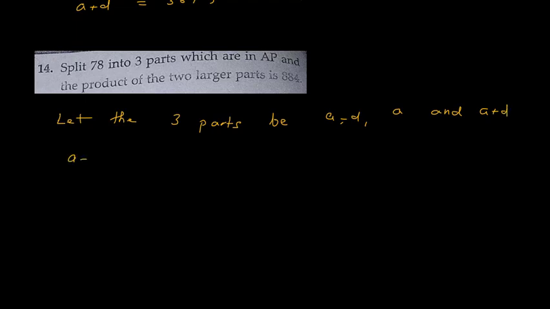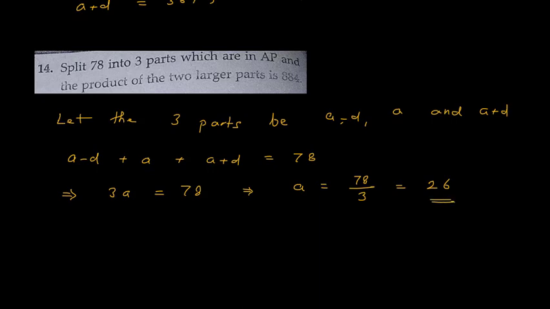Then it is given that a minus d plus a plus a plus d, the sum of these 3 parts, is 78. So from here I will get 3 times a is equal to 78, and this will give me the value of a as 78 divided by 3. 3 6s are 18, so the value of a I got is 26.